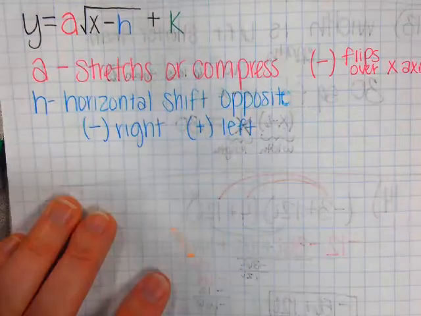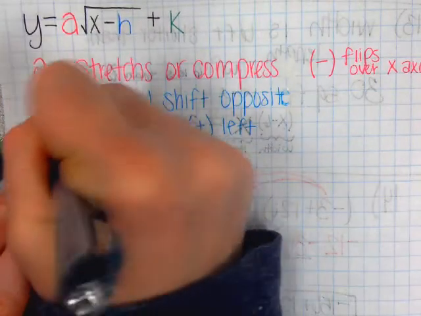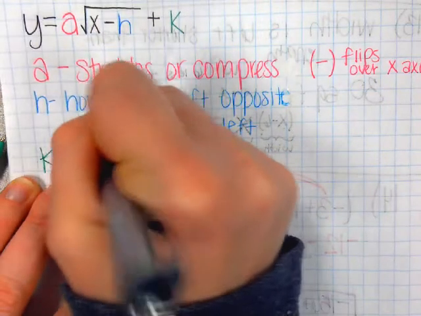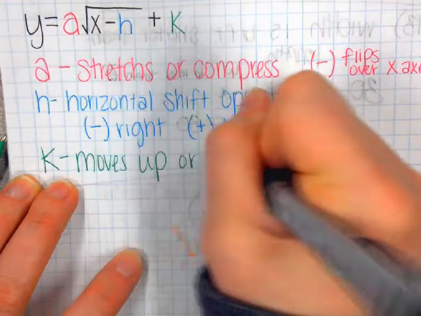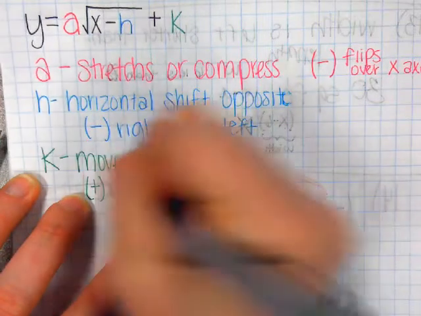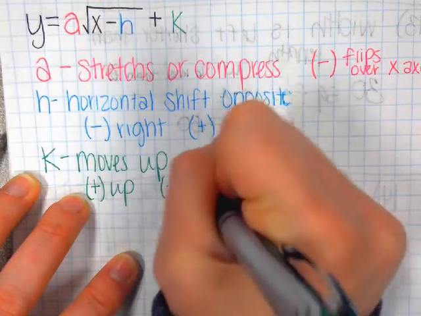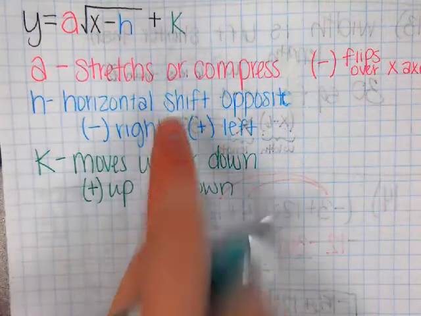Okay, and then our k value moves up or down. Positive up, negative down. The only one that's opposite is h.